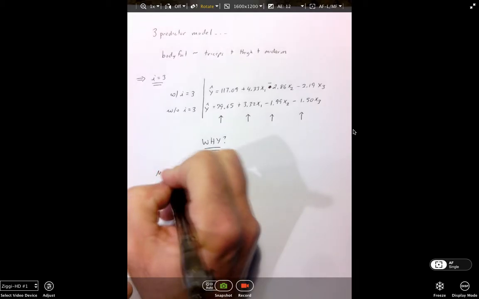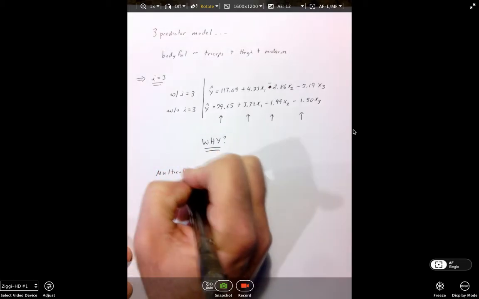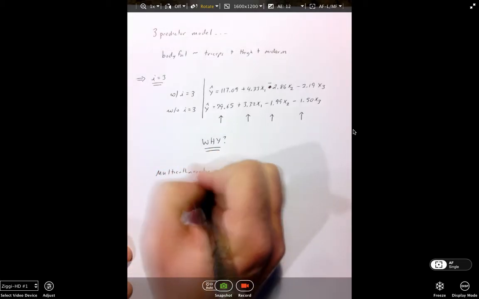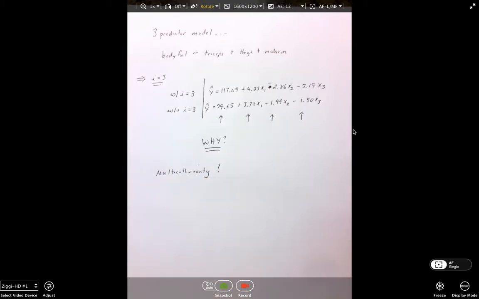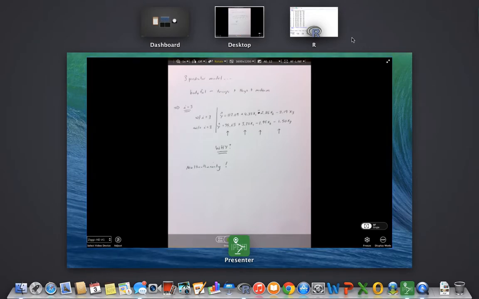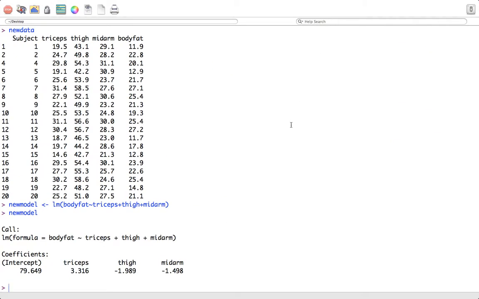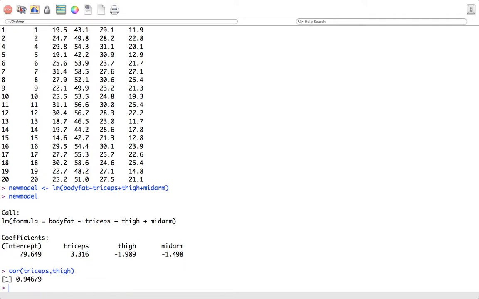Well, guys, I have no doubt that multicollinearity is rearing its ugly head. And one thing I can do very quickly, just to see if that may be an issue, is to look at some correlations. And I look at the correlation between triceps and thigh.